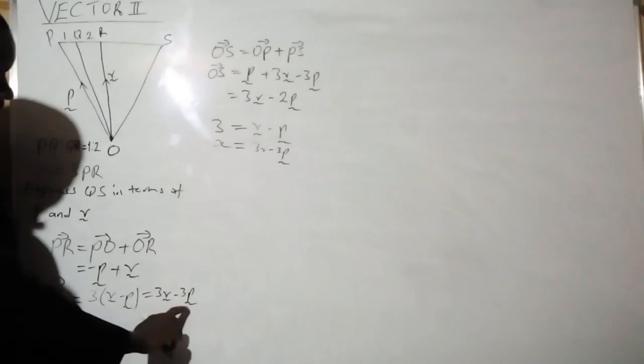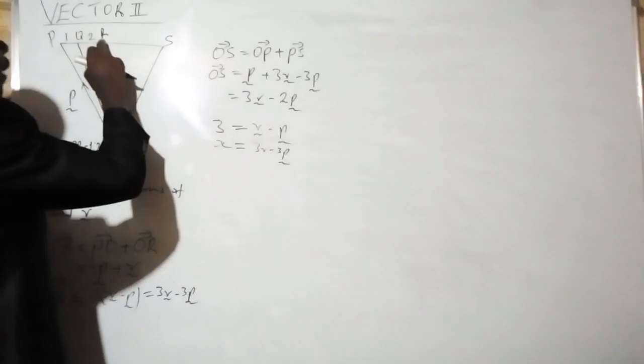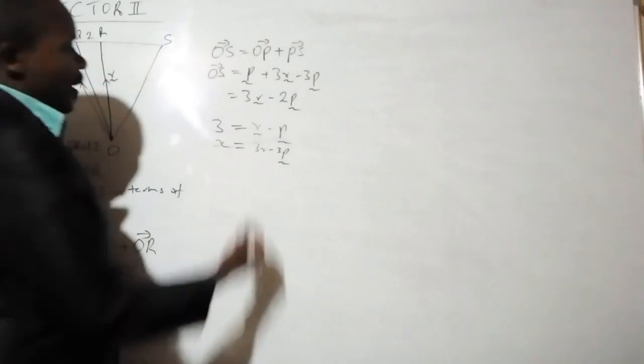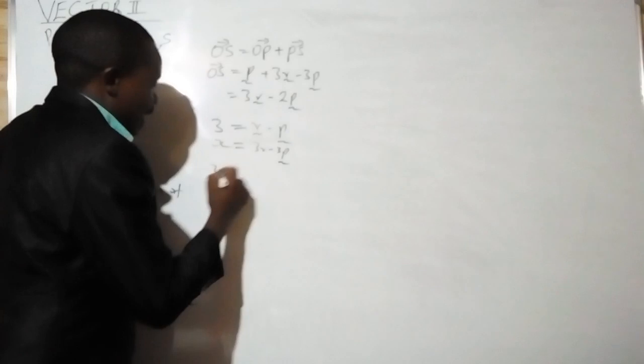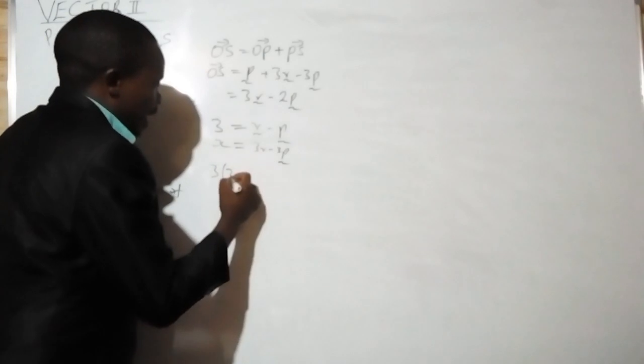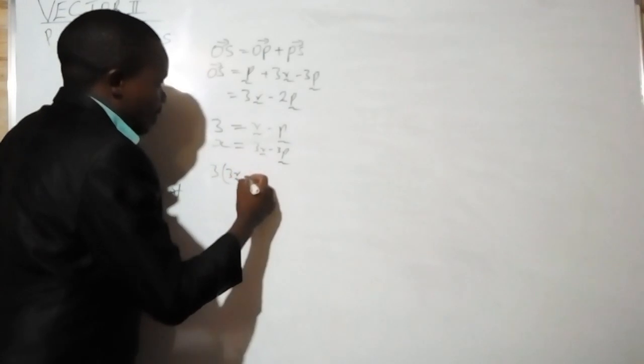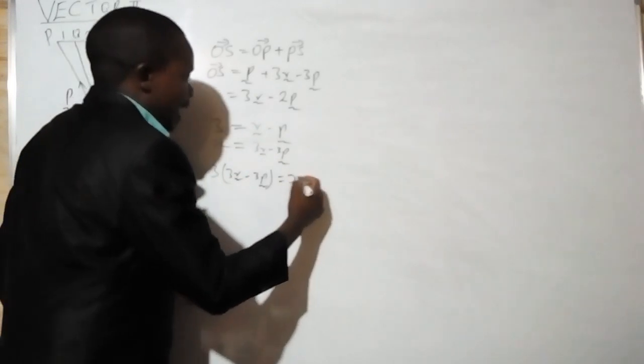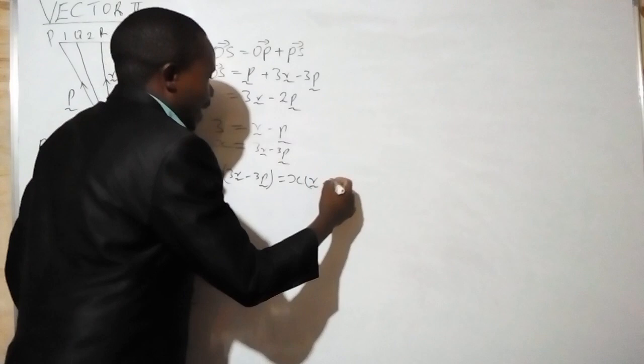First of all, you want to get the ratio of RS in respect to PS. We can multiply and say 3 vector R minus 3 vector P is equal to X times R minus vector P, like that.